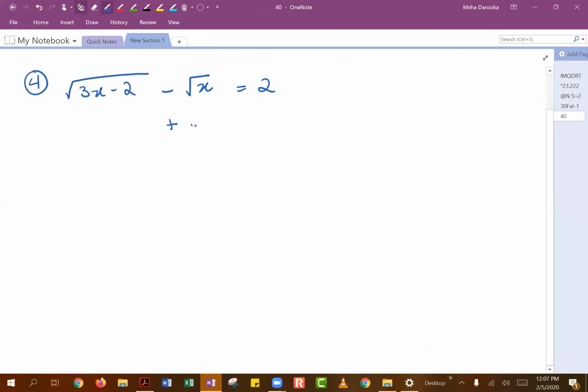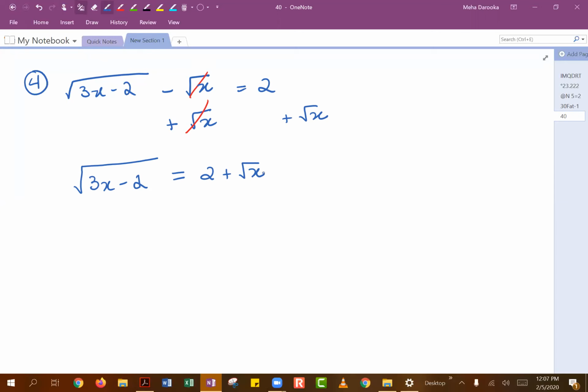So as I was saying, start by moving that square root of x to the other side, which leaves us behind with square root of 3x minus 2 equals 2 plus square root of x, you can write it as square root of x plus 2, it really wouldn't matter. So we've isolated at least one of those radical terms, right?